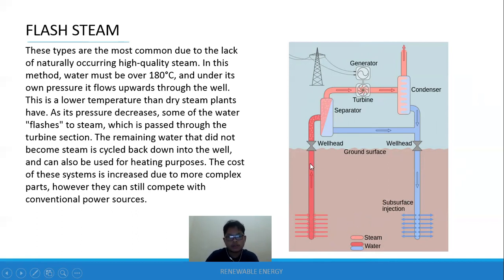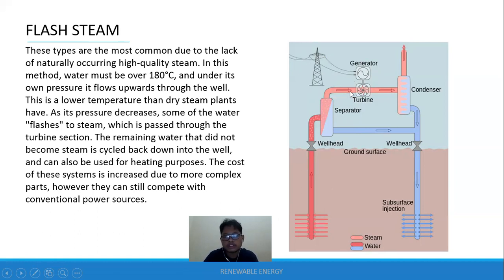The red one is hot water, the pink one is steam, and the blue one is warm water. So the hot water will flow through the wellhead and to the separator, and from the separator the steam will flow to the turbine, and the turbine will rotate, and the generator will produce electricity and transmit it to the customer.